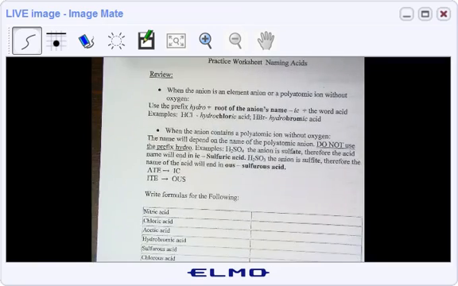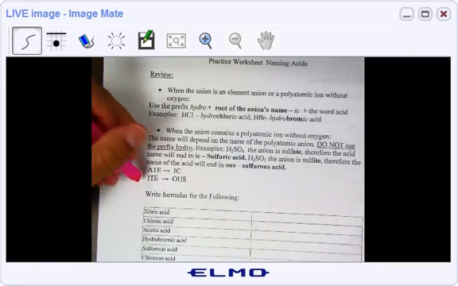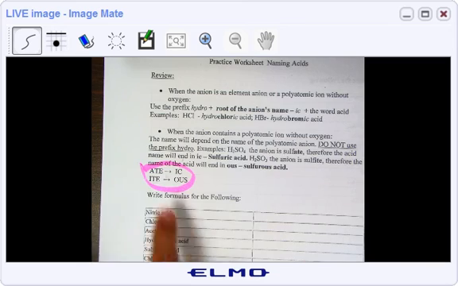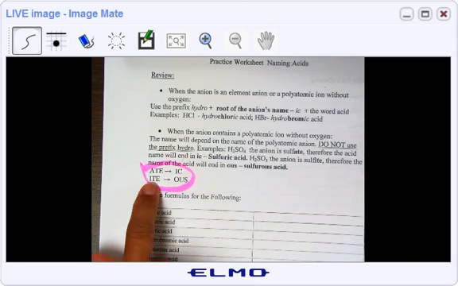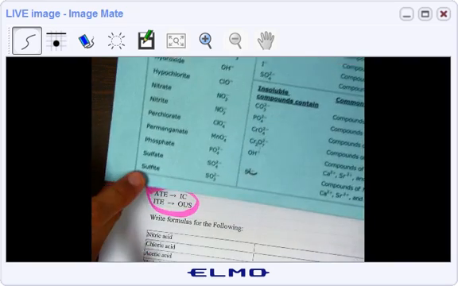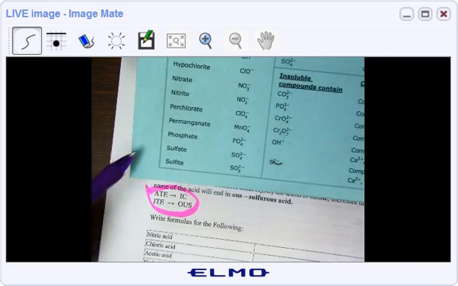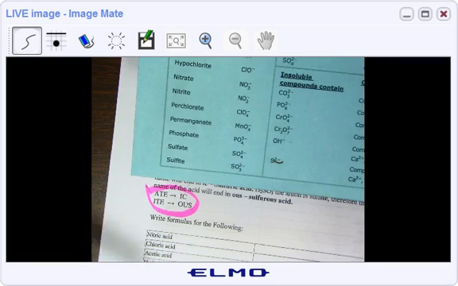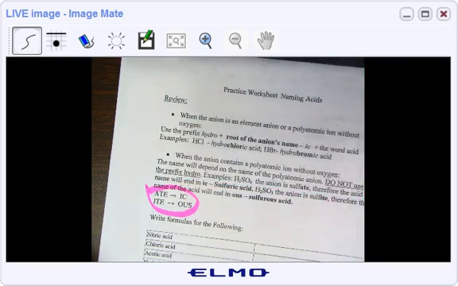If you flip on the very back, and we'll keep practicing this, if the polyatomic ion ends in ITE, change it to OUS. So again, we said sulfite, so we would change it to sulfurous acid, and that's what you would name it.